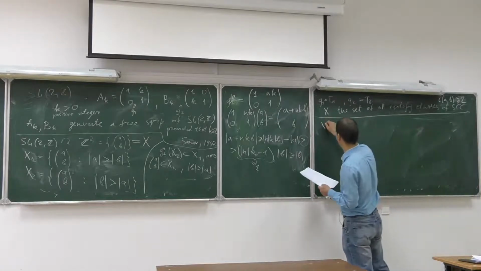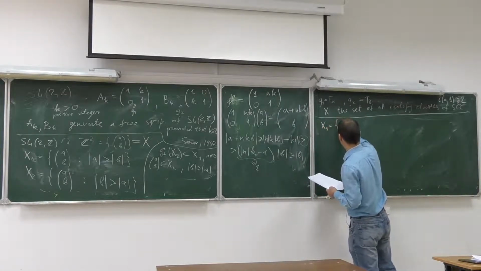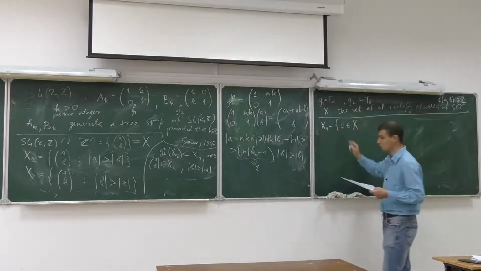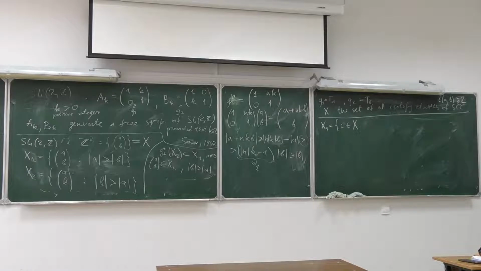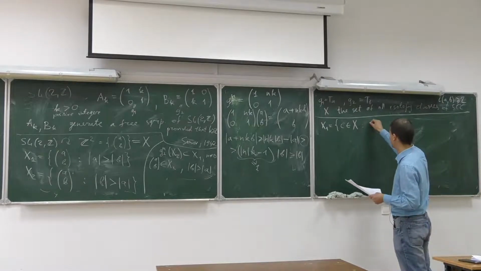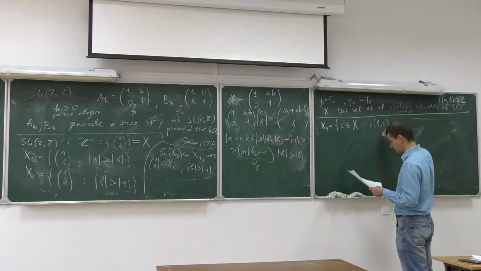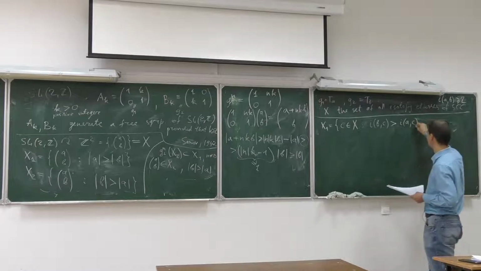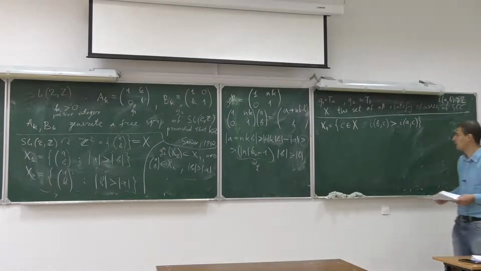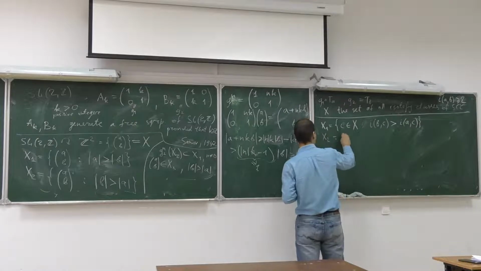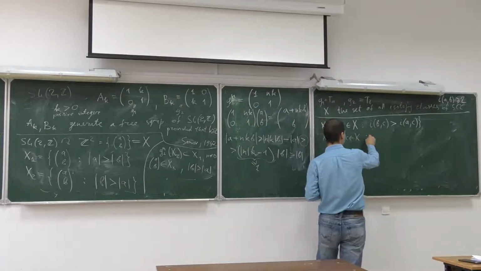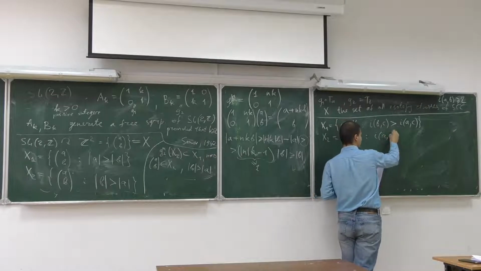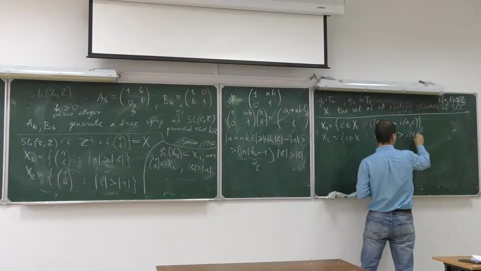So I would like to take for X1 the set of all isotopy classes of simple closed curves such that the intersection index of this curve with B is strictly greater than the intersection index with A. And for X2, we take all simple closed curves such that the intersection number with A is strictly greater than the intersection number with B.